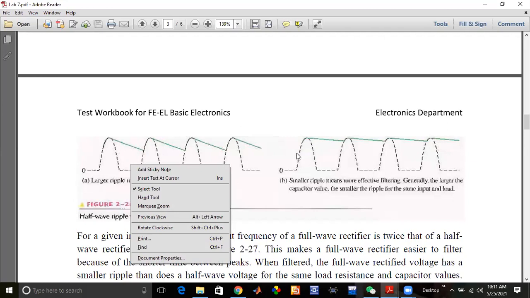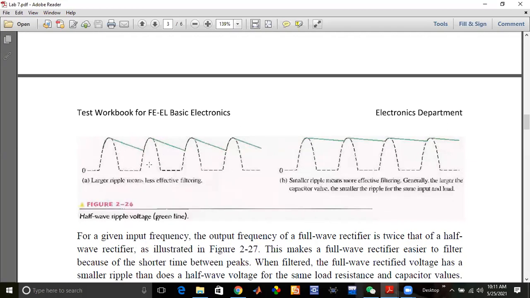So you see here, this dotted line was the output of the half-wave rectifier, and this blue one is the output of the filter. This is the maximum charging value, and this is the value after discharging. The variation from this portion to this portion is called ripple voltage.